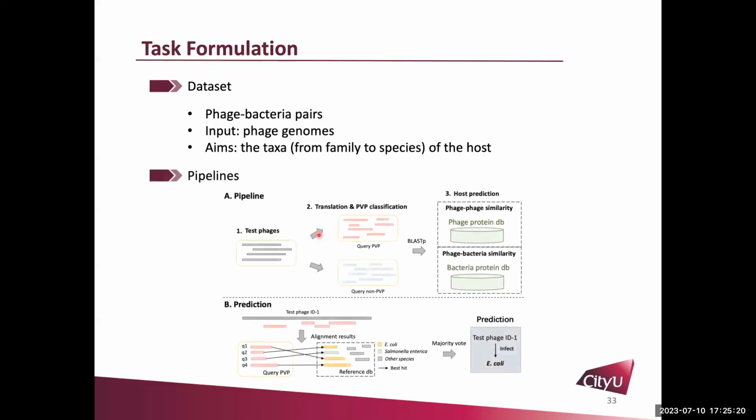In our design, we will use the basic alignment method plus P for the host prediction. And as you can see, we create two different databases, including the phage protein database and the bacterial protein database. We will estimate the similarity between the test phages and the database for prediction.